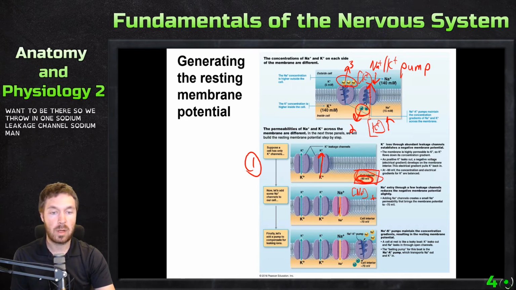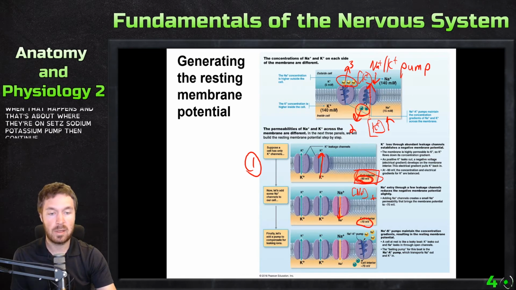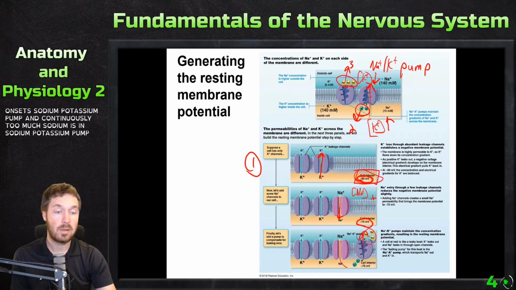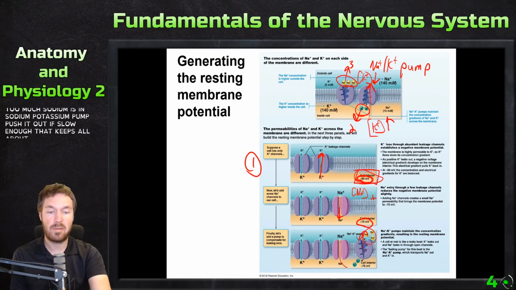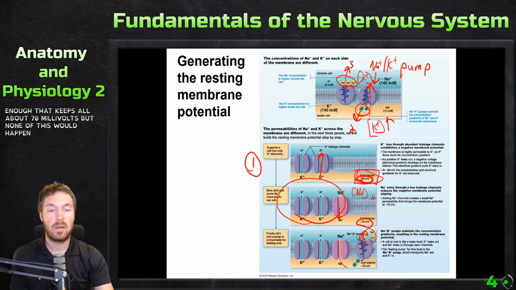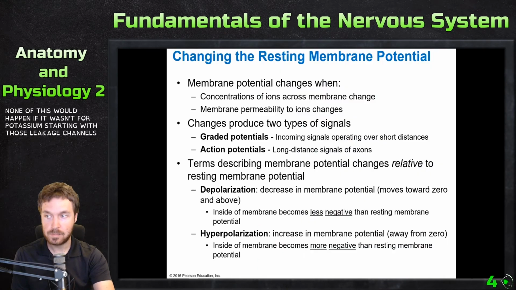Sodium then will come into the cell, and it brings it down to about minus 70 millivolts. And that's about where a neuron sits. If too much sodium comes in, the sodium-potassium pump will push it out. So that keeps it all about minus 70 millivolts. But none of this would happen if it wasn't for potassium starting it with those leakage channels.